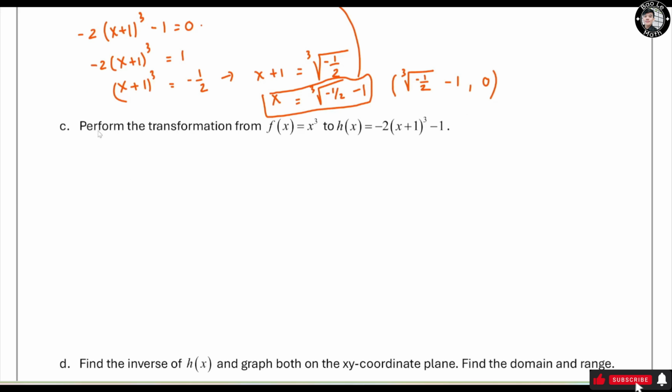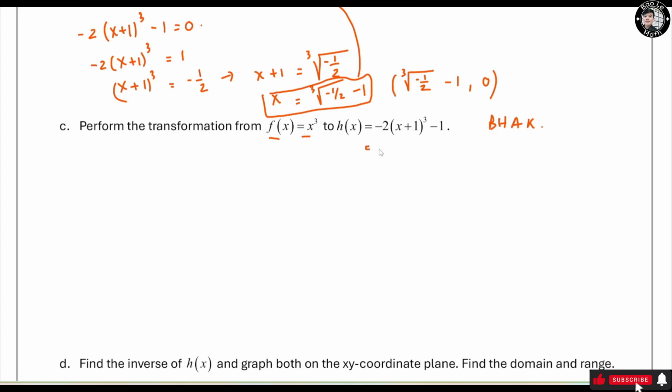Now question C. Perform the transformation from f of s equals s cubed to -2 times (s plus 1) cubed minus 1. So we just follow the order B, H, A, K, right? Now we rewrite this one.